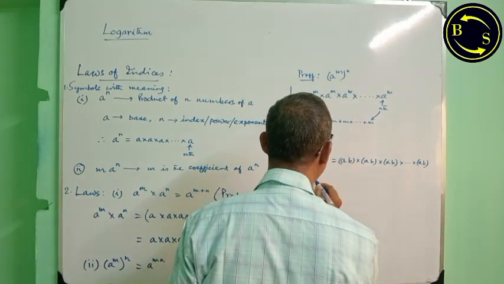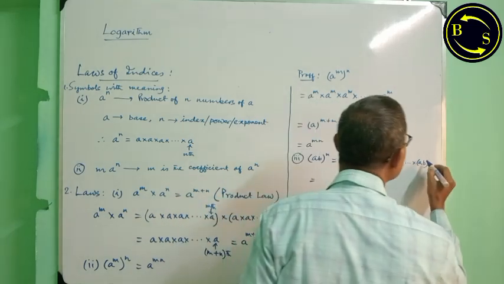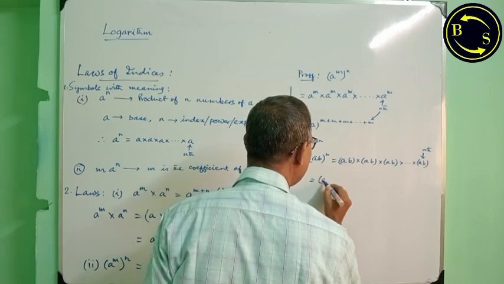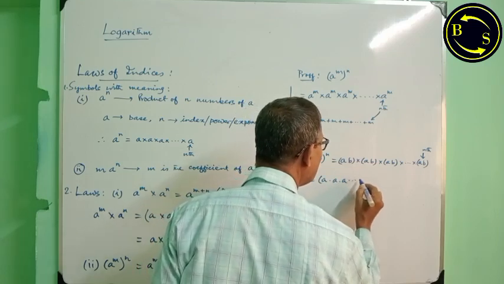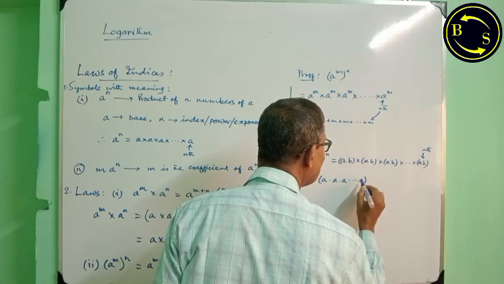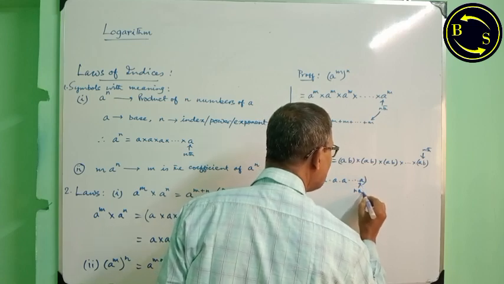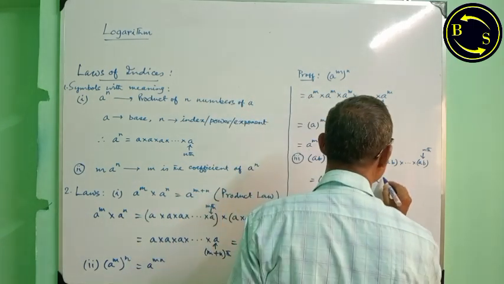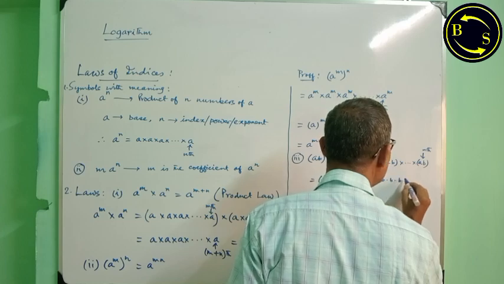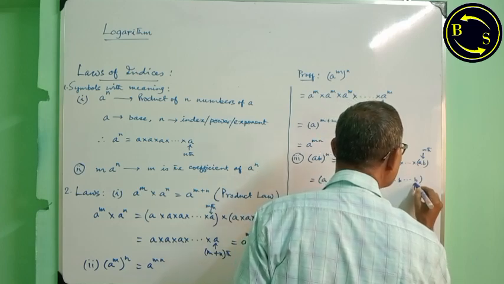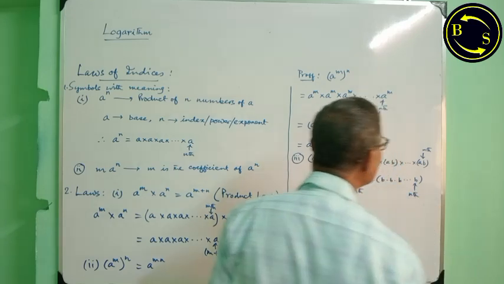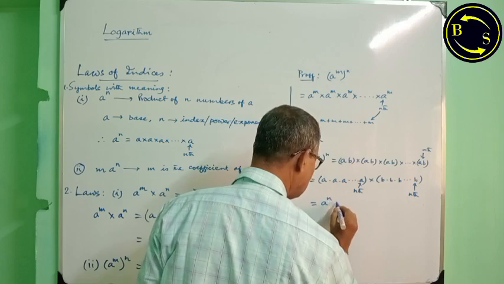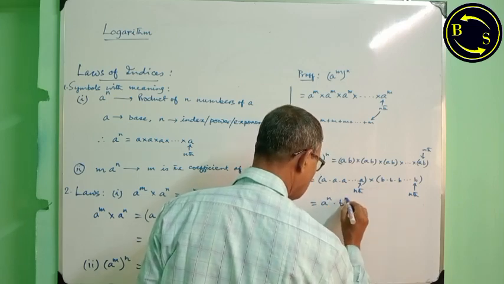Now, if we take all A's together, this is A into A into A into A, this is nth A, into, we take all these together, therefore it will be B into B into B, this is also nth B. Therefore, this is expressed by a to the power n into b to the power n.